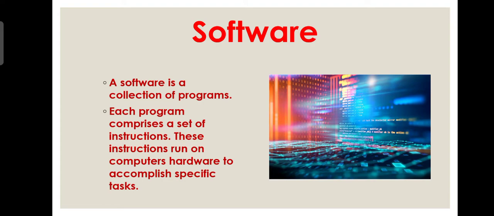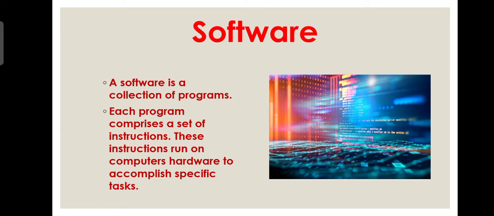So let's differentiate between software and hardware. Software is a thing that we can see but we can't touch, and hardware is a thing we can both see and touch, which we can't do with software. For example, computer hardware means the monitor, the keyboard, the mouse, the printer.